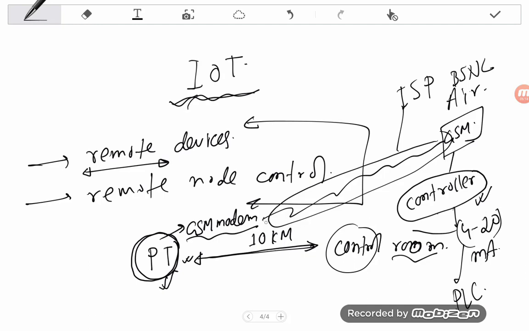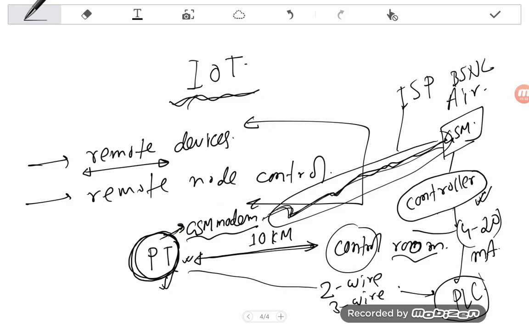See, without this wireless communication, we can connect the pressure transmitter to the PLC with 2-wire configuration or 3-wire configuration. So these are wired communication. Now we have connected the pressure transmitter with the controller first with the help of GSM modems, and the job of the controller is to generate 4 to 20 milliampere signals, and the controller is connected to the PLC through wire.